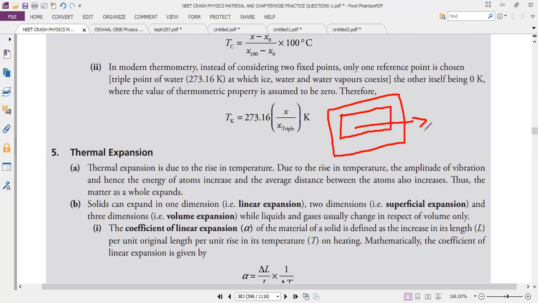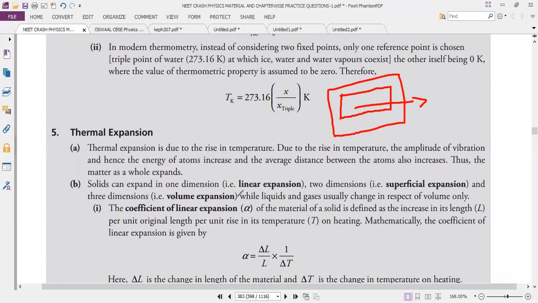The size is different. That is just an example. Linear expansion means the expansion increases only the length for the solid, one dimension. Superficial is two dimension. Volume expansion, increasing volume, is three dimension.